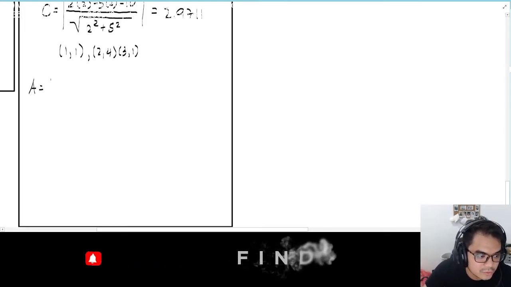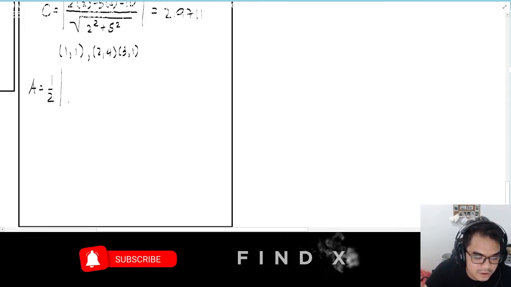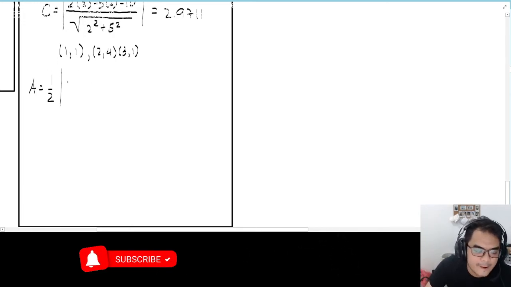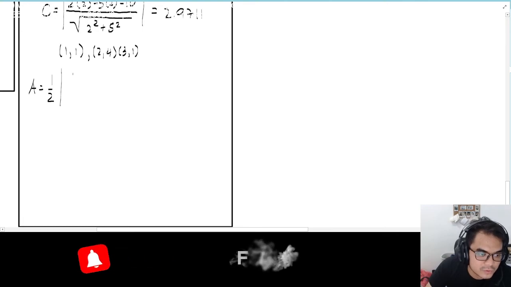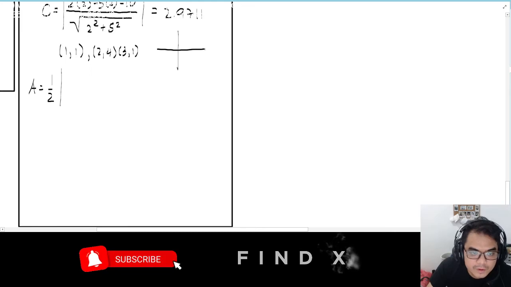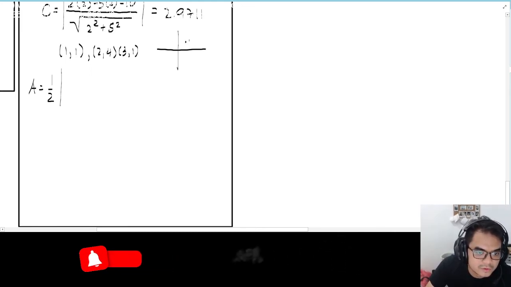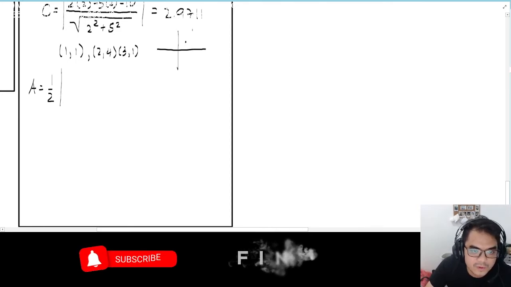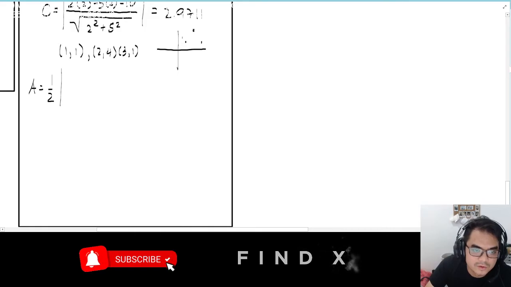So area is equal to 1/2, and then you can just use the determinant or the basket rule. So if you will plot this, 1 1 should be around here, and then 2 4 must be around here, and then 3 1 should be around here.